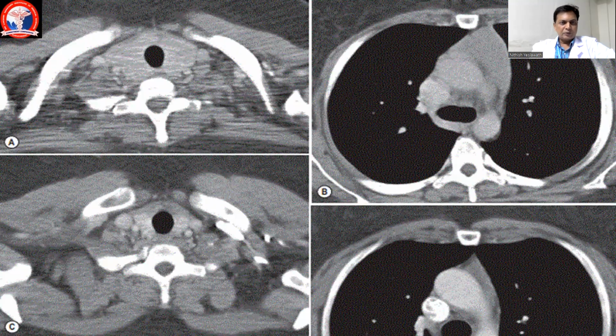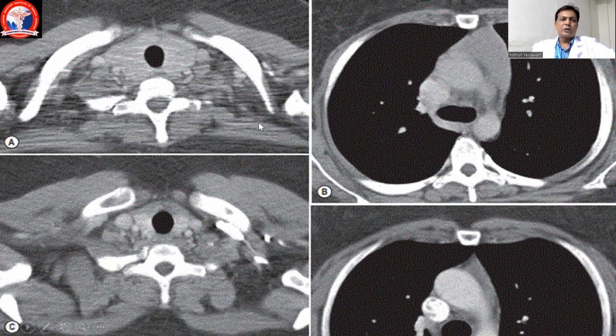Here, these are 4 CT scan images. A and B images were taken before, and after 6 months of treatment, the C and D images were taken. A and B images show an enlarged thyroid, including the isthmus, and on the B image, the thymus is also enlarged.